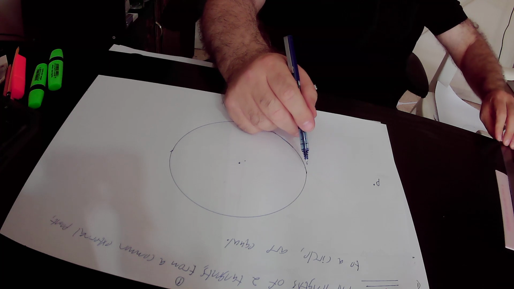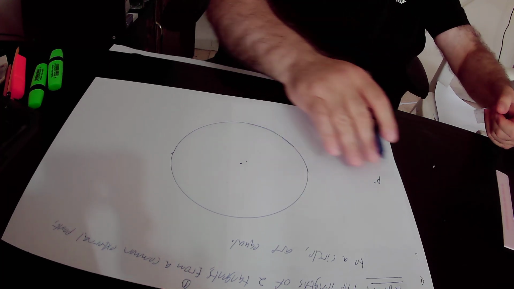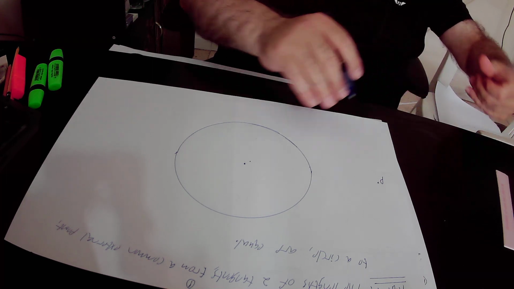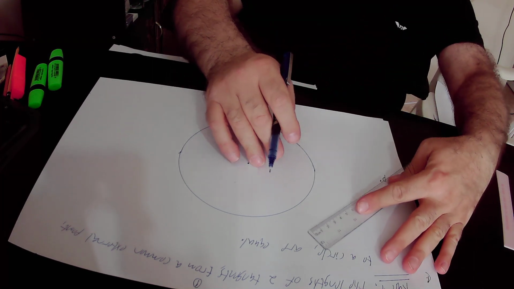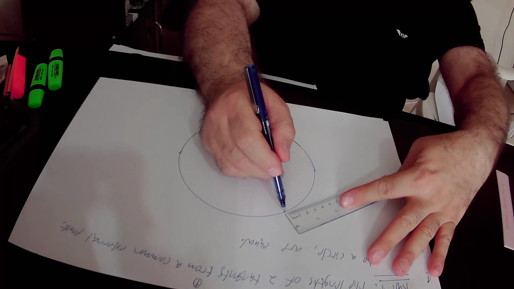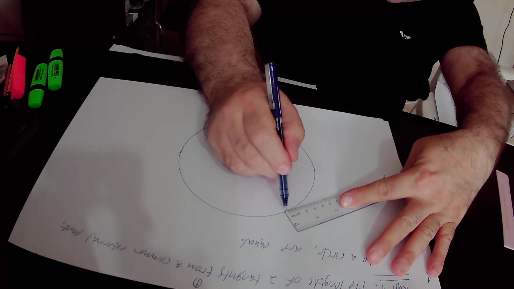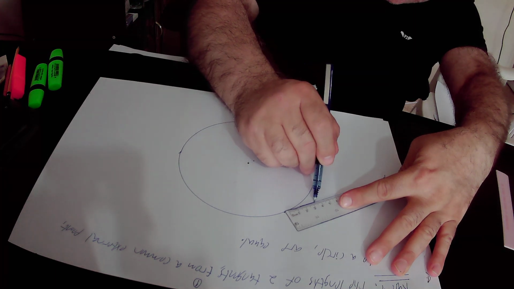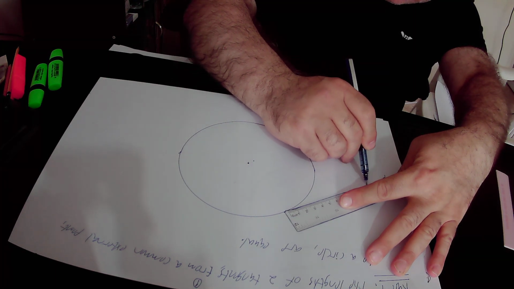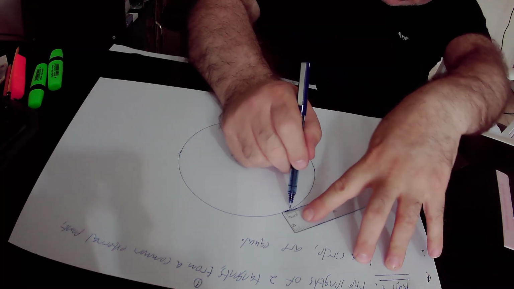So if from the external point P we draw two tangents to this circle, the first tangent will be this tangent.